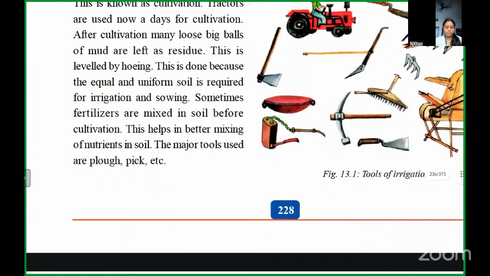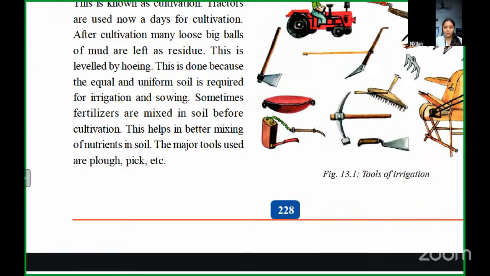Tractors are used nowadays for cultivation. After cultivation, many loose big balls of mud are left as residue. This is leveled by hoeing. Cultivation means preparing the land and planting crops.